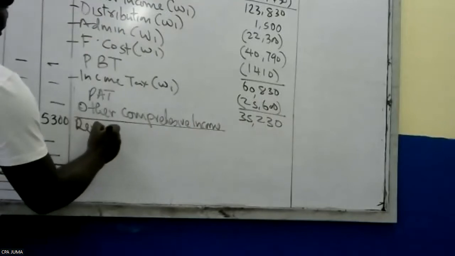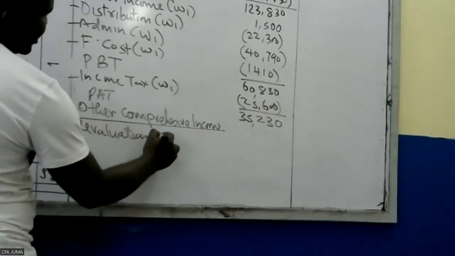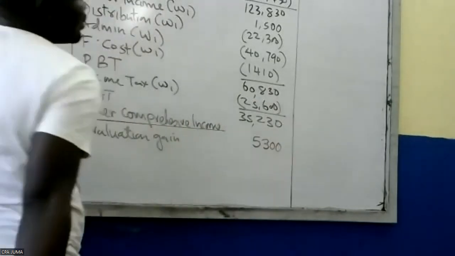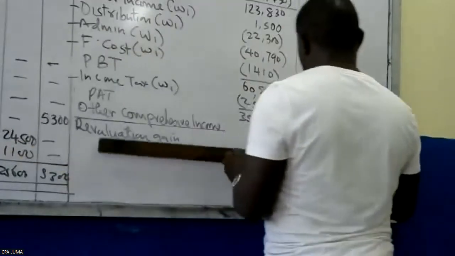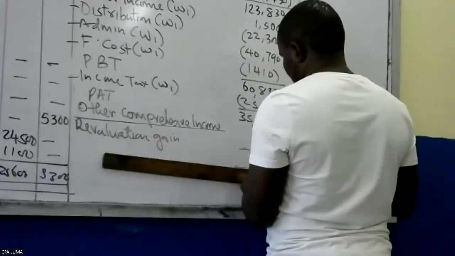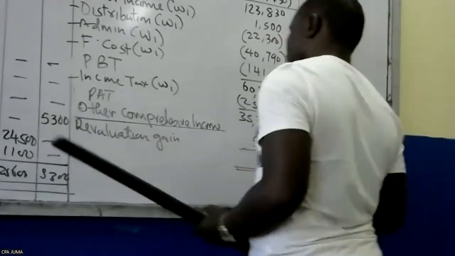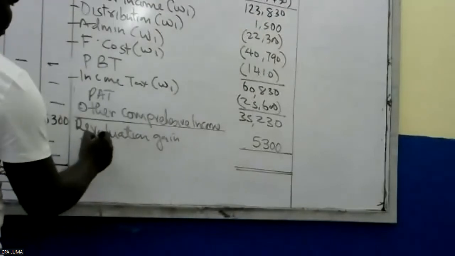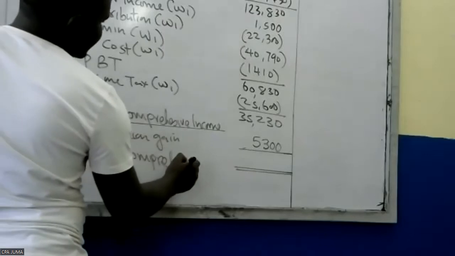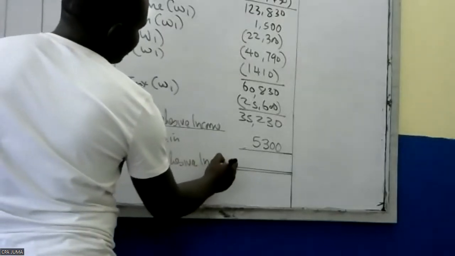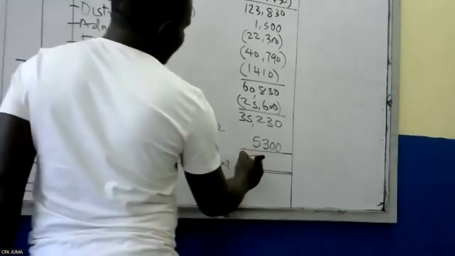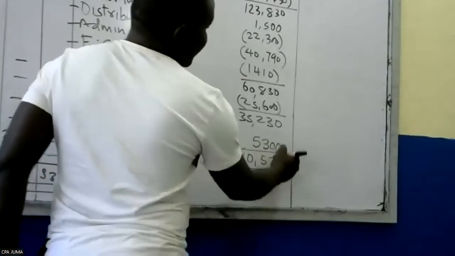There was a revaluation gain of how much? 300. So total comprehensive income. How much? 40 by 30. We are done with P and L.